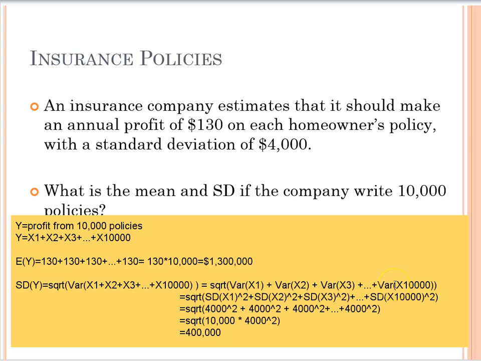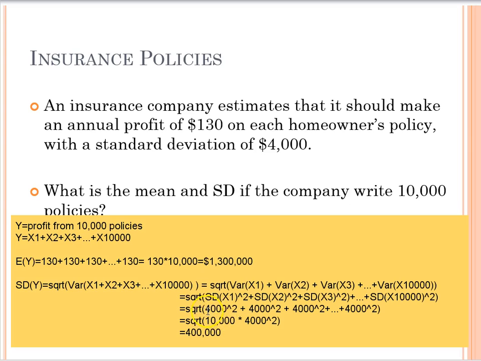And once we have them separated out, we can use the fact that the standard deviation squared is equal to the variance, and that's what I've done here in the next step. And then we input the fact that the standard deviation equals 4,000. So that's given to us in the problem.